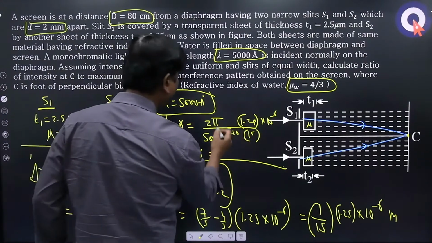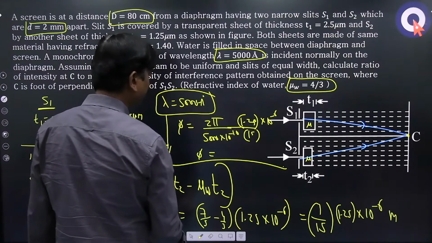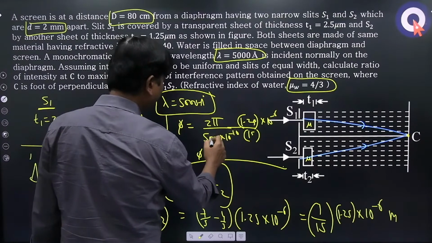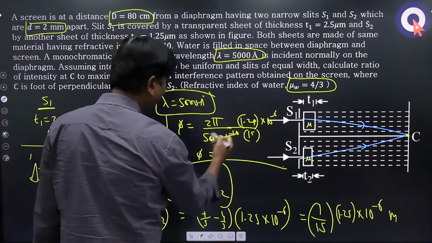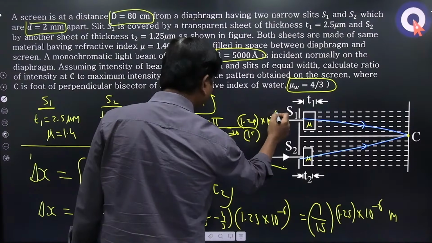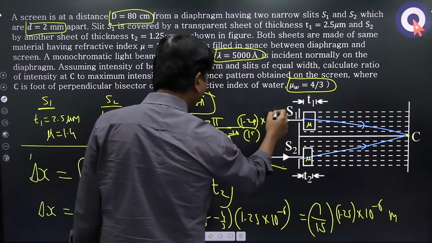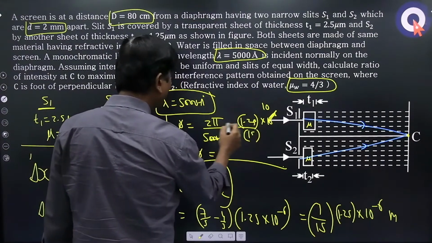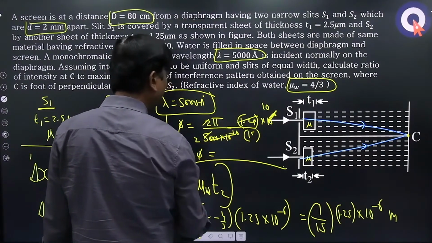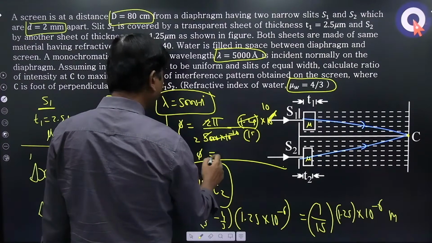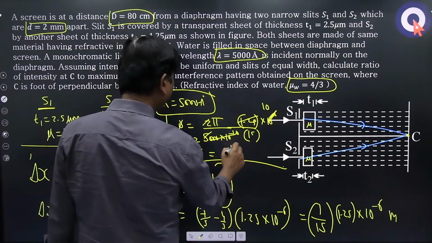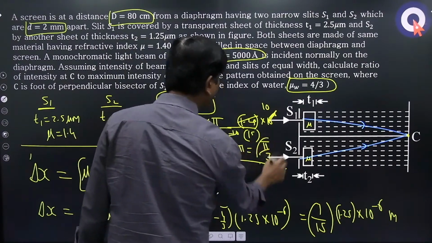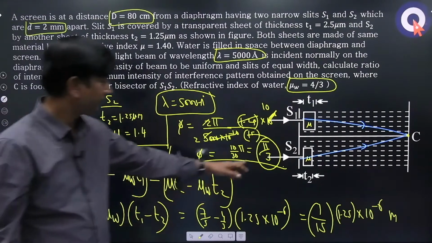All this together is 10 power minus 7, so we'll go here 10 power plus 7. Remaining here 10 will be there, right? And 1.25 into 2.5 twice, and here you will get 30. So 10 by 30. So pi by 3 you will get. Calculations. Pi by 3 phase difference.